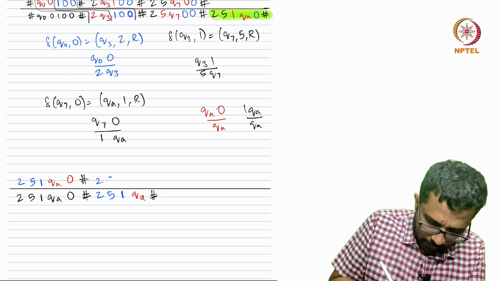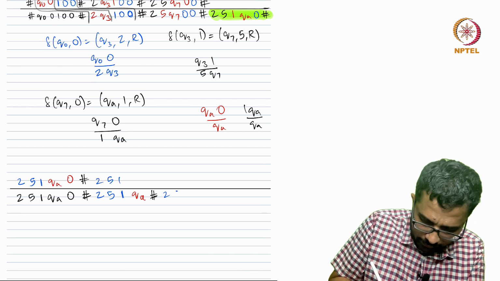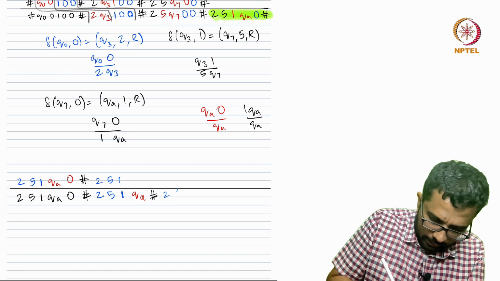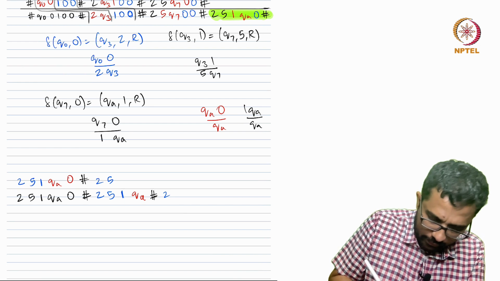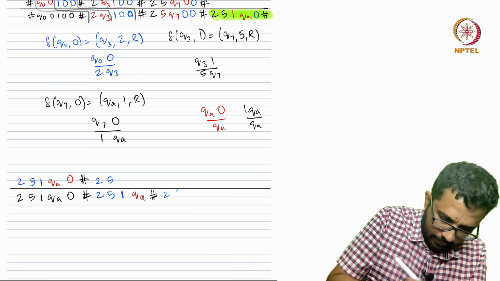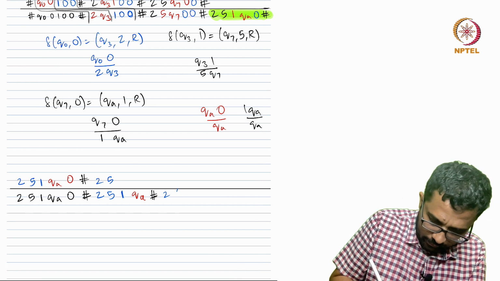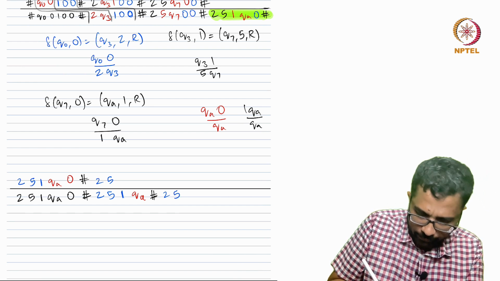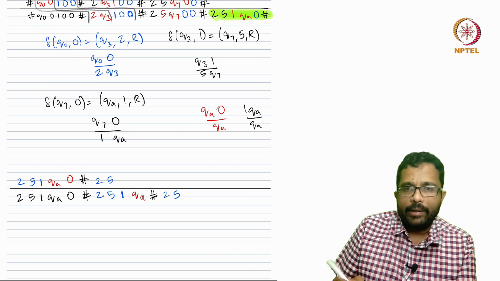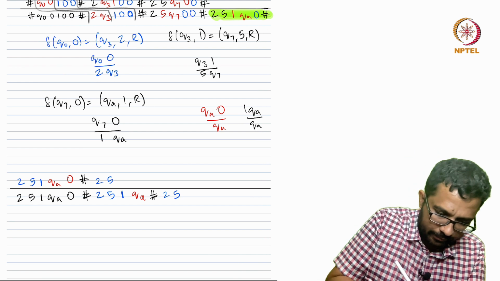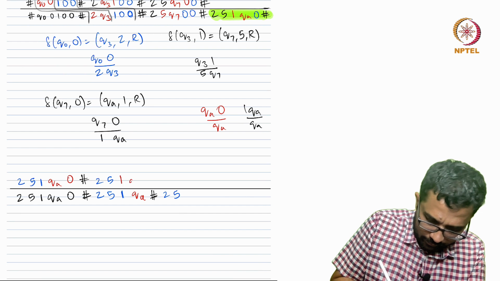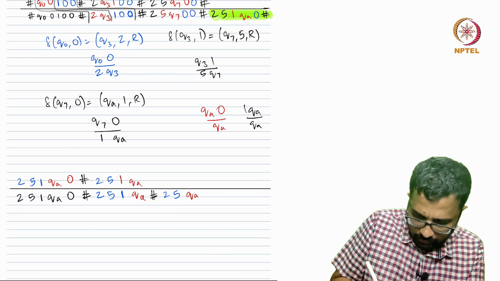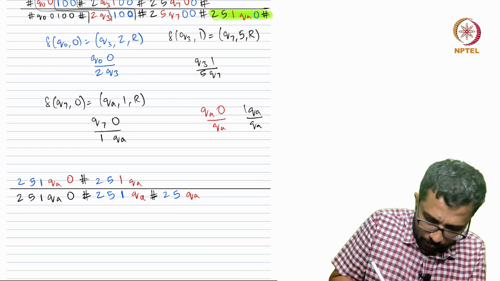Okay, I'll use 2 5 1 here and 2 5 1 here. Sorry, not 2 5 1. I'll use 2 5 here and 2 5 here. Then I will use 1 qa in the top and qa in the bottom. And then again close it with a hash.